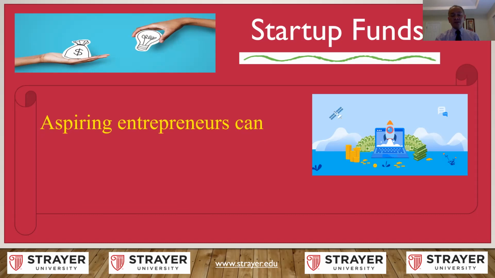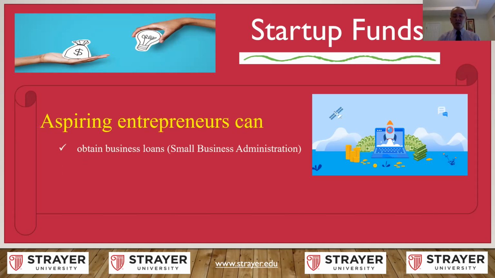So these startup funds can come from small loans or loans. And remember, the Small Business Administration, which is an agency, helps new and aspiring entrepreneurs to obtain loans. The SBA, or Small Business Administration, does not give out loans.